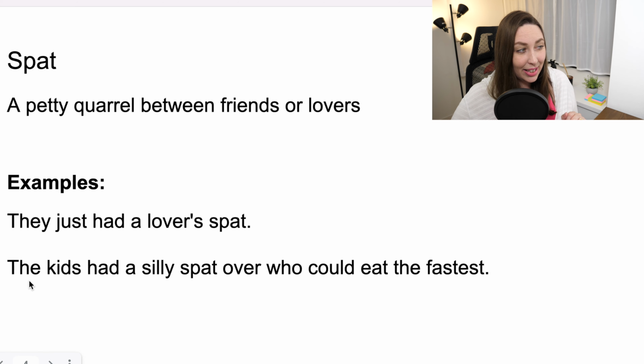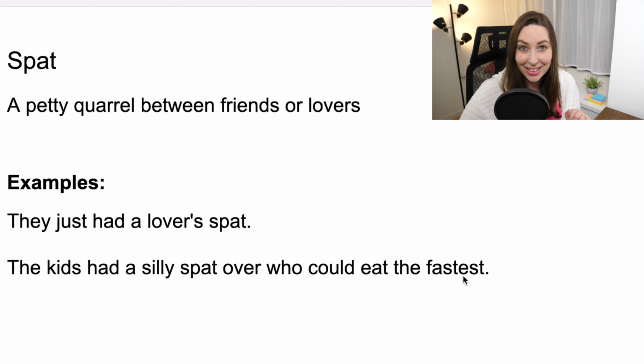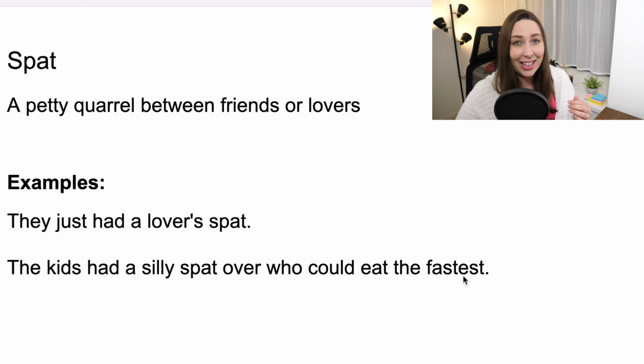The next one, the kids had a silly spat over who could eat the fastest. So that's very silly, right? And the little kids are fighting over who can eat the fastest. That would be a silly spat, or we could say a silly tiff, okay? But remember, we usually use spat with lovers, okay?